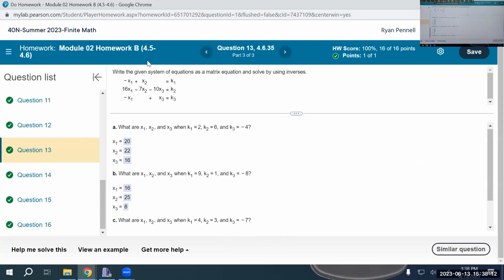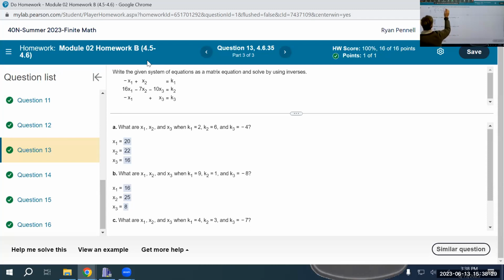Okay, this is pretty much the same thing as what I just did, except it's 3 by 3. So I would use a calculator to do this. I don't have to. In fact, I think I did it by hand. But to show this, I would do it by a calculator.